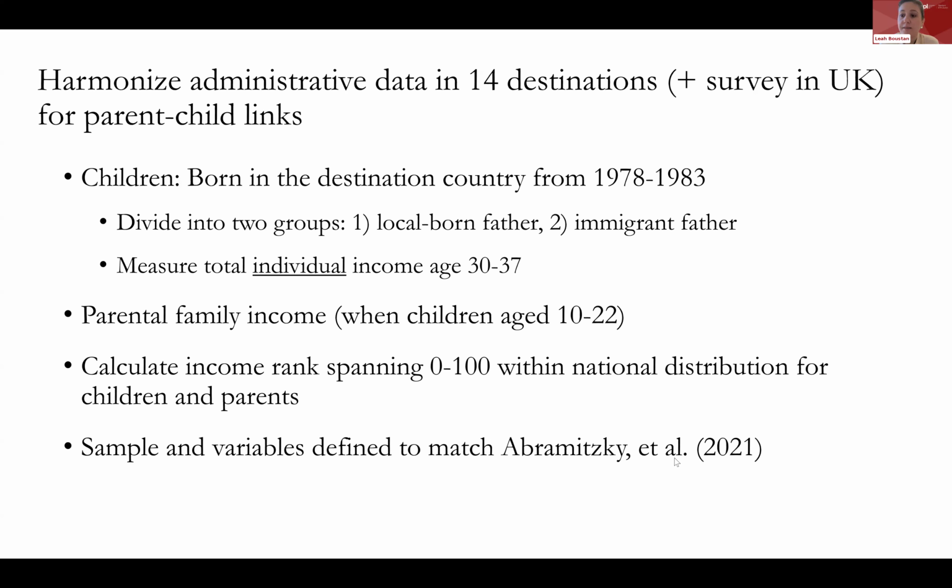And for someone who is not working or is only working part-time, but who has a spouse who might be working, we're going to miss that piece of information. To measure the childhood household, we're looking at total parental family income when the kids were in their teenage years. And then for both the parent and for the child, we calculate their rank within the income distribution in their age group or birth cohort.